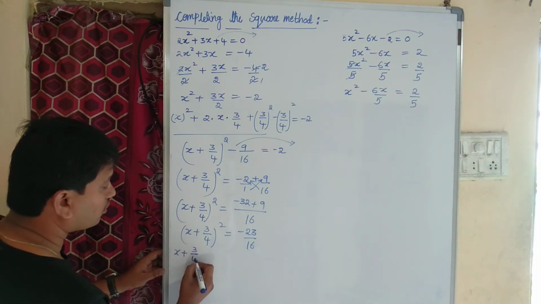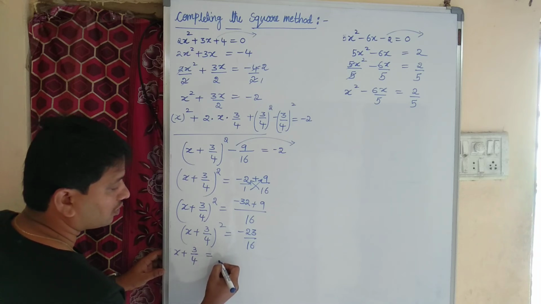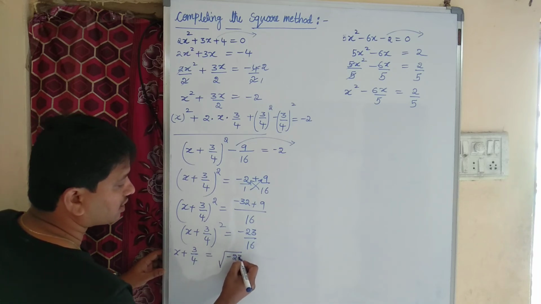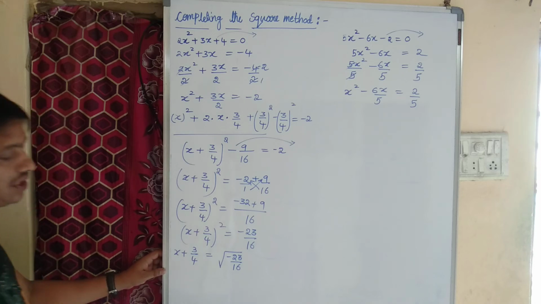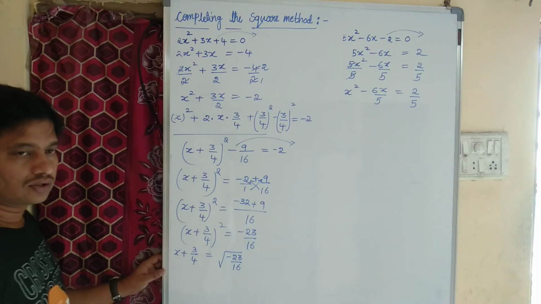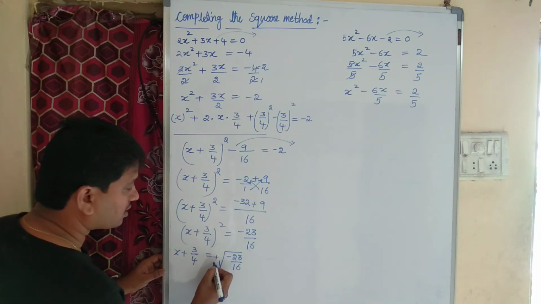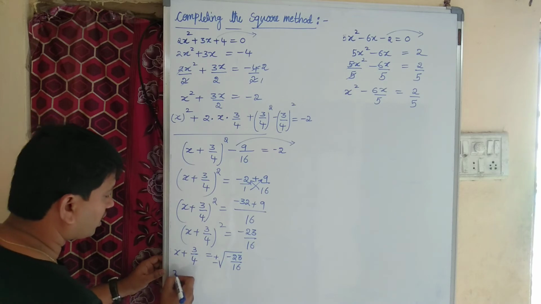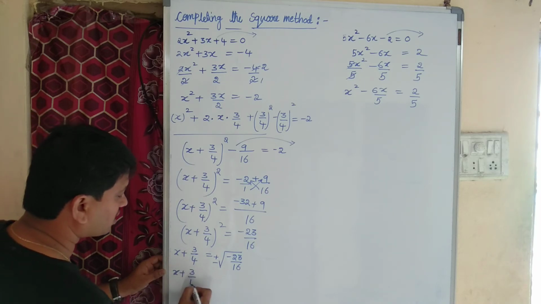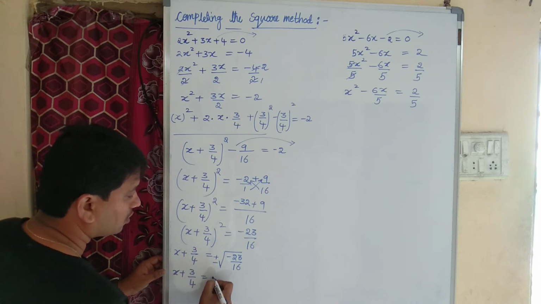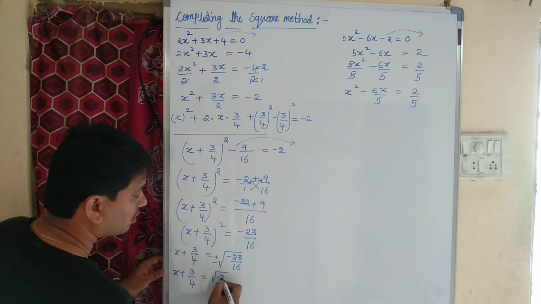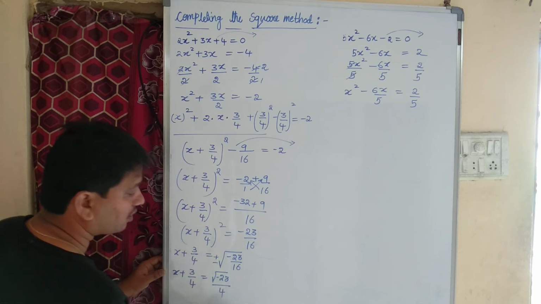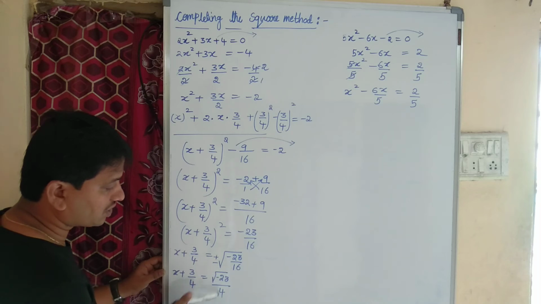x plus 3 by 4 equal to root over minus 23 by 16. That is nothing but plus or minus. So one time we can write x plus 3 by 4 equal to plus root 23 by 4, because square root of 16 is 4.